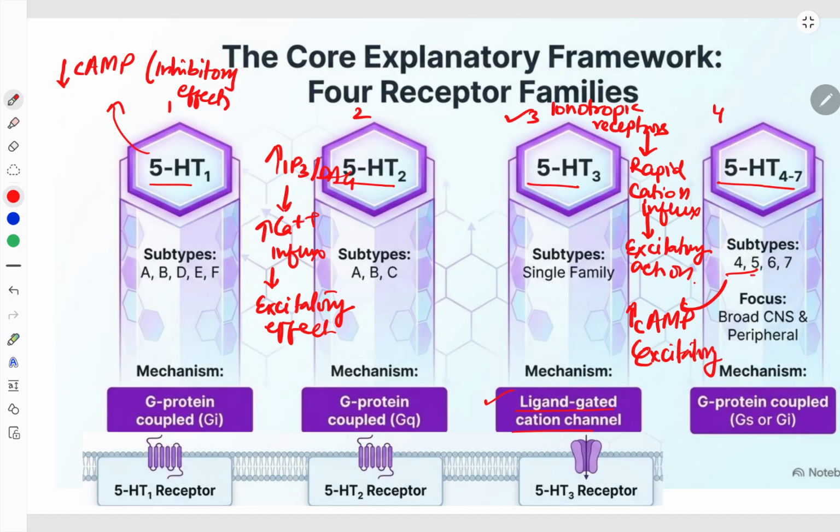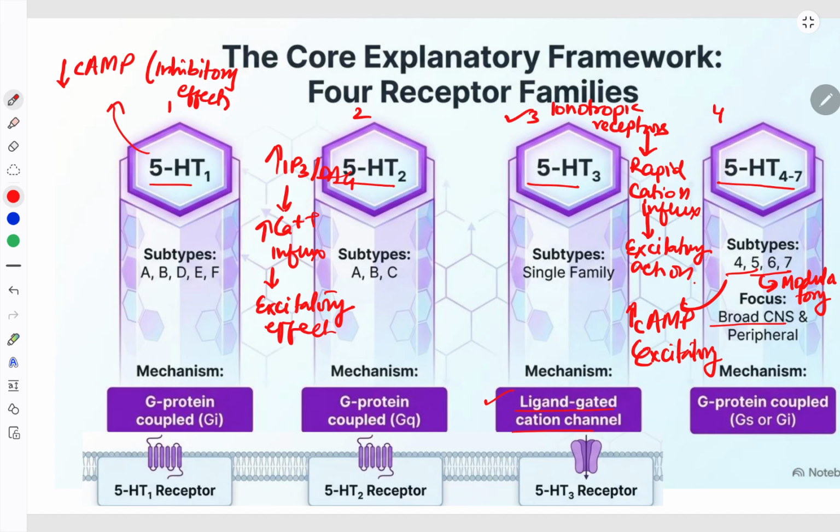Whereas 5, 6, 7, the three receptors which are all mainly located in the CNS, are responsible for modulatory effect. So they basically work by causing CNS modulation.